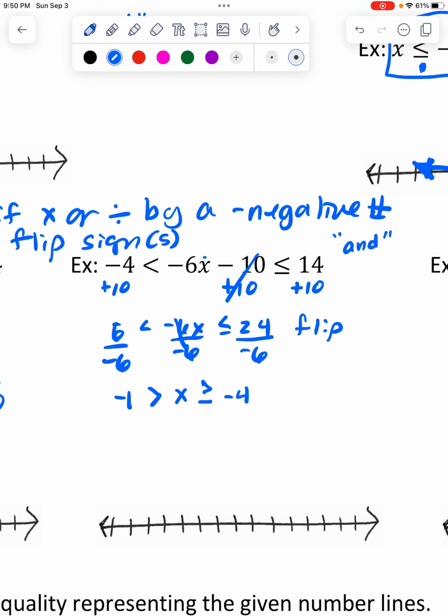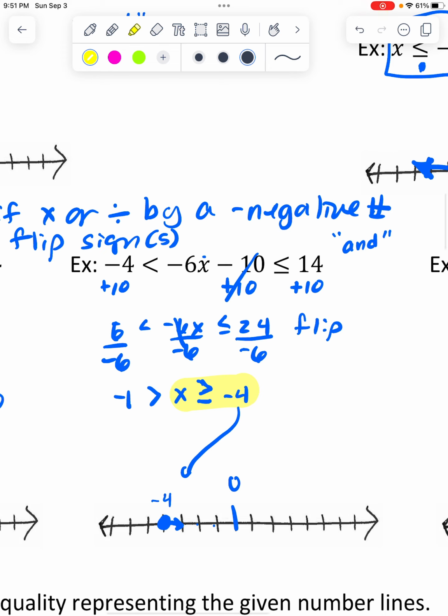Just keep in mind that when you go to graph this, this negative 4 is going to end up at negative 1, 2, 3, 4. It's or equal to, and then greater, so off to the right, because x is greater than, if you're looking at just this end that deals with the negative 4.